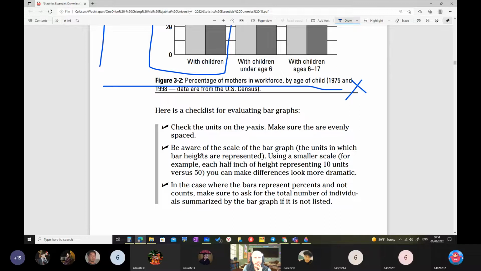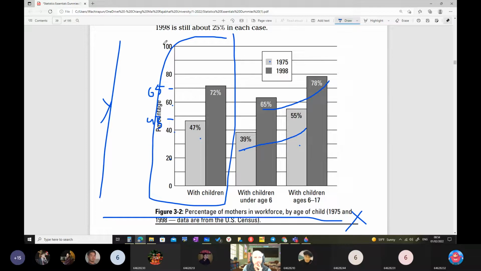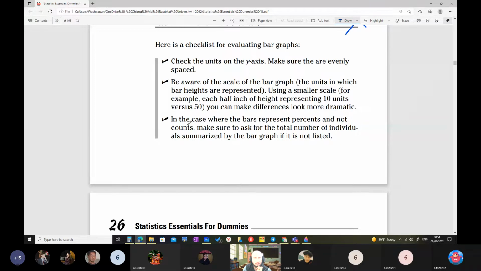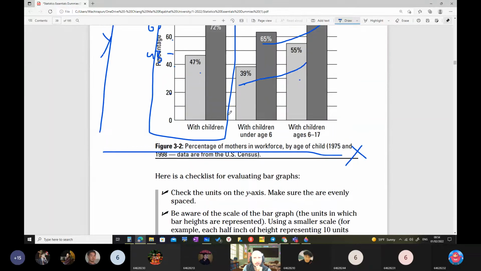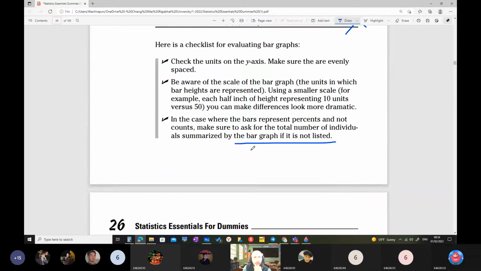The scale, right? It goes up to 100. It depends how you want to do it. Okay? It would be interesting to know how many mothers, right? Because I can see percent, but how many mothers. So like, let's say 10 million total, so we can calculate exactly how many women.